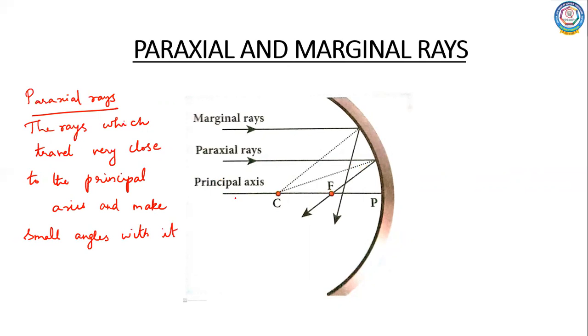You call these paraxial rays. These rays will be very close to the principal axis, and they make very small angles with the principal axis. So this is about paraxial rays.